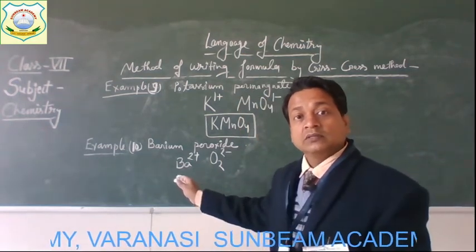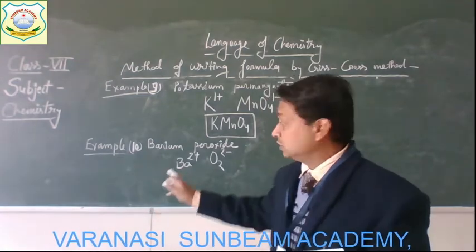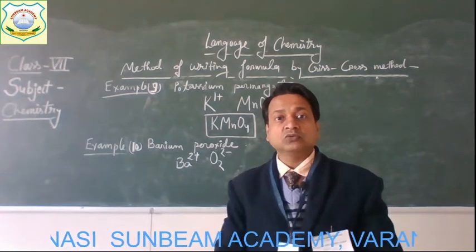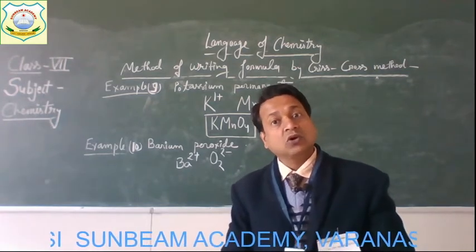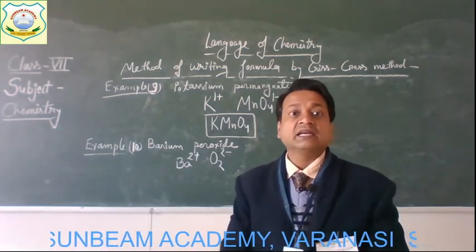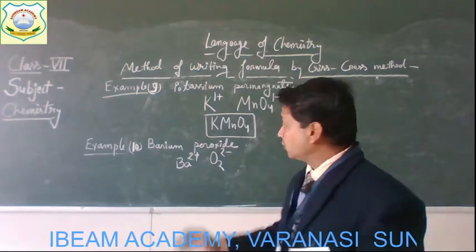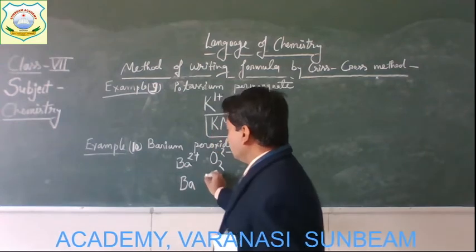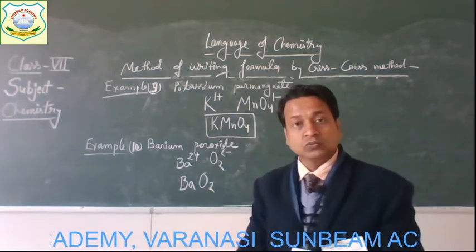So we'll write that -2 at the top. Now, they both have the common factor 2, is it? So what we will do? We will remove this common factor 2 and then we'll cross the valency and get the desired formula. So after crossing the valency, the formula that we get is BaO2.